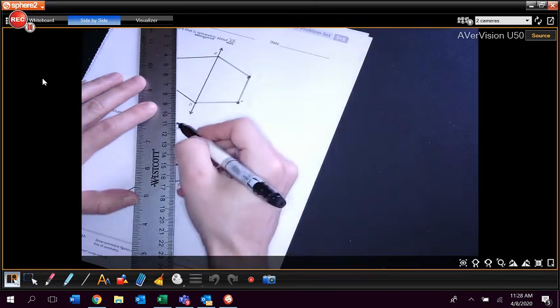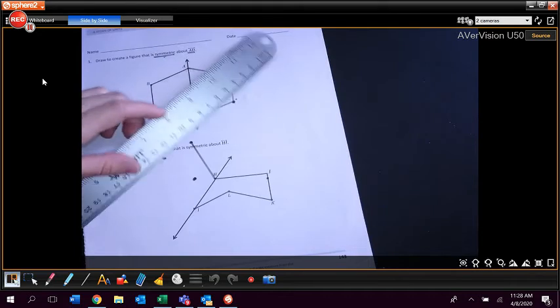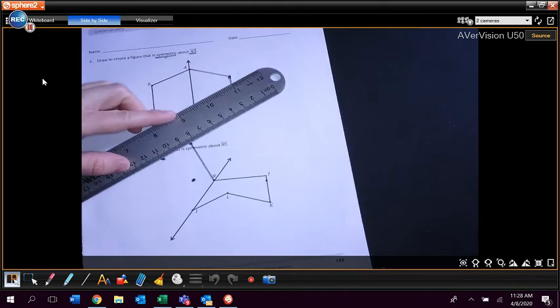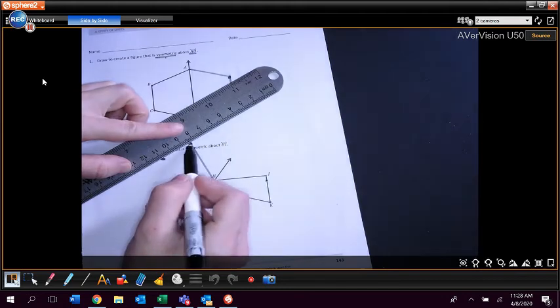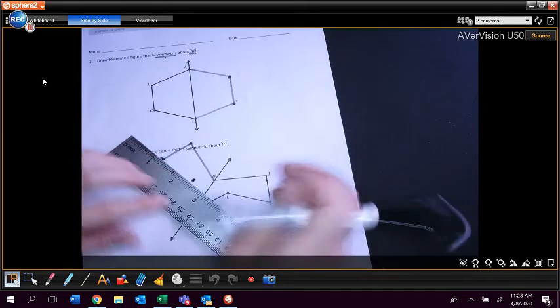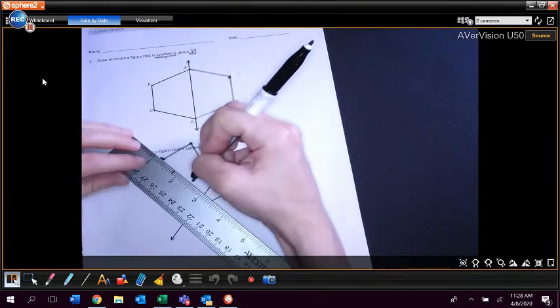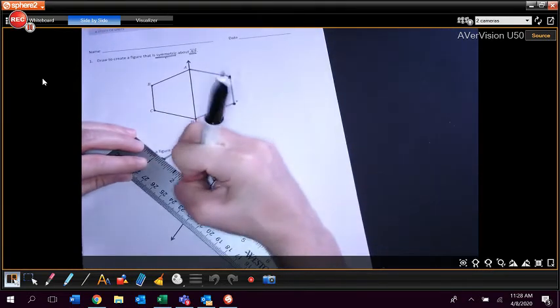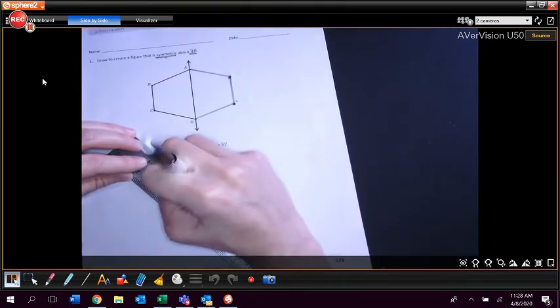So now all I'm going to do is connect my points. It goes like that. Then I always go in line. I go like that. Let me move this a little bit, just because I think I made it a little bit to the side.